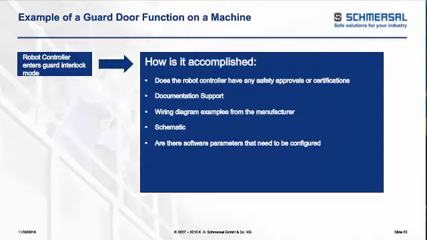But what you find is in their documentation, they have specific wiring diagrams, and they make the claim that they have either self-certified or more often than not have had some sort of third party, like TUV or BG, approve the controller safety functionality that guard door interlock may meet Control Category 3 Performance Level D or Control Category 4 Performance Level E, depending on the robot, the controller, and the construction.